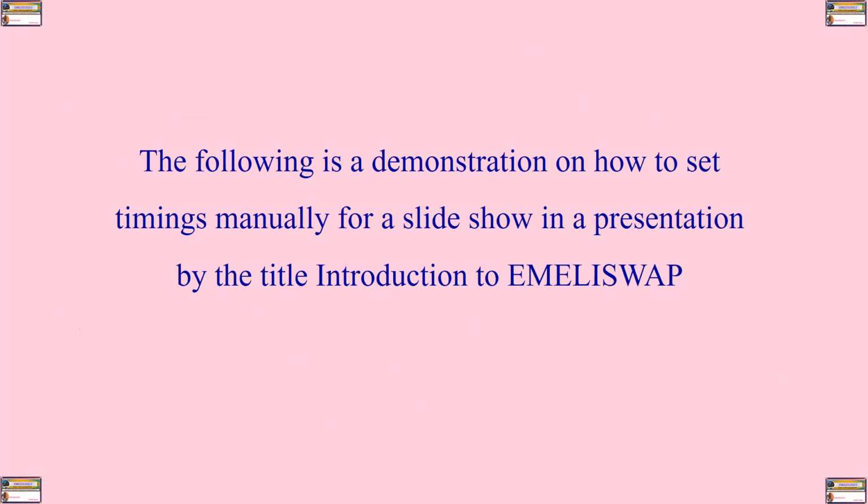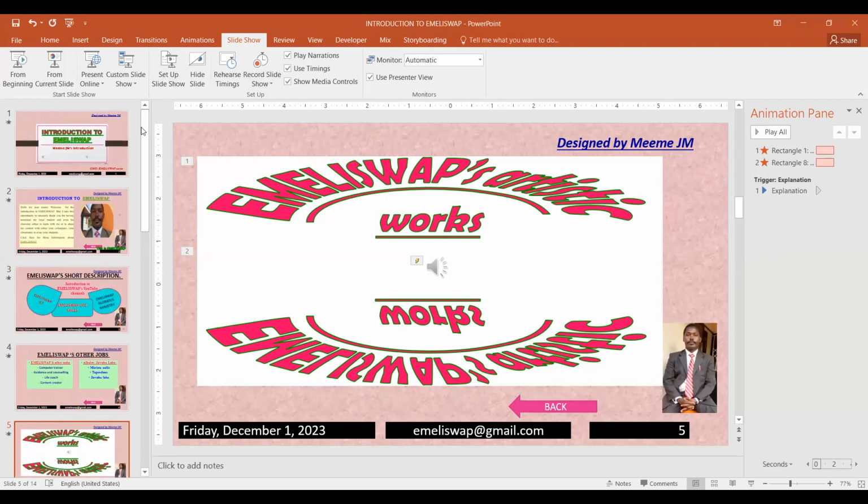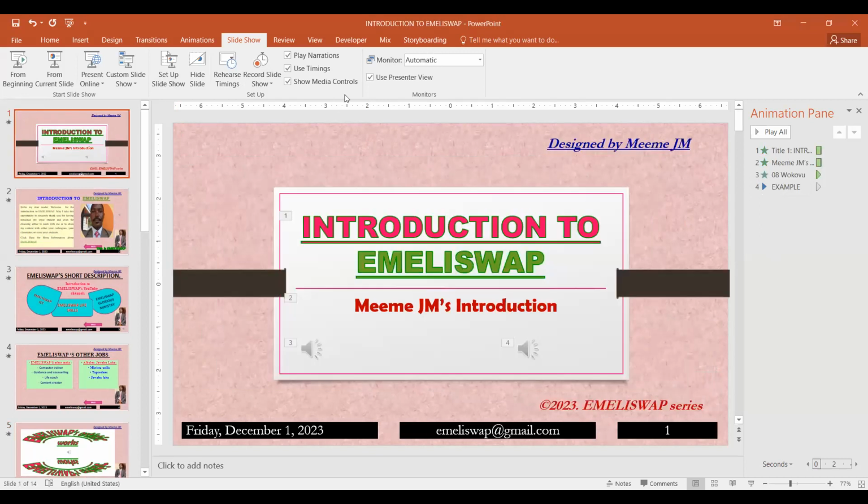So the following is a demonstration of how to set timings manually for a slideshow in a presentation by the title Introduction to MLSwap. To set the timings for our transitions, let me click on the first slide.